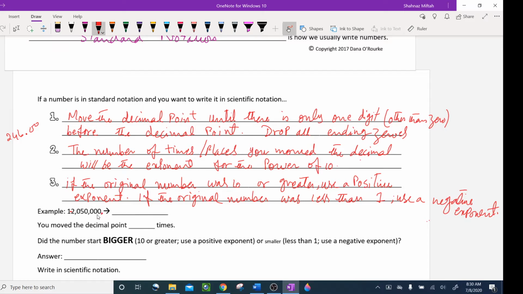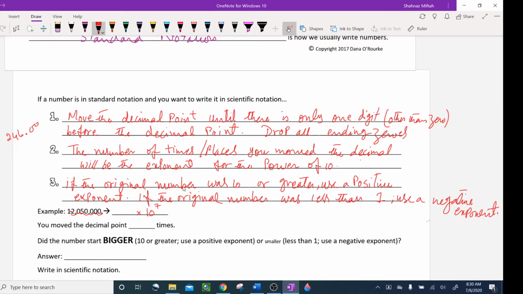So let's see. I'm moving the decimal 1, 2, 3, 4, 5, 6, and 7. So I moved the decimal 7 times, 10 to the power 7. Multiplication is understood, it's there.